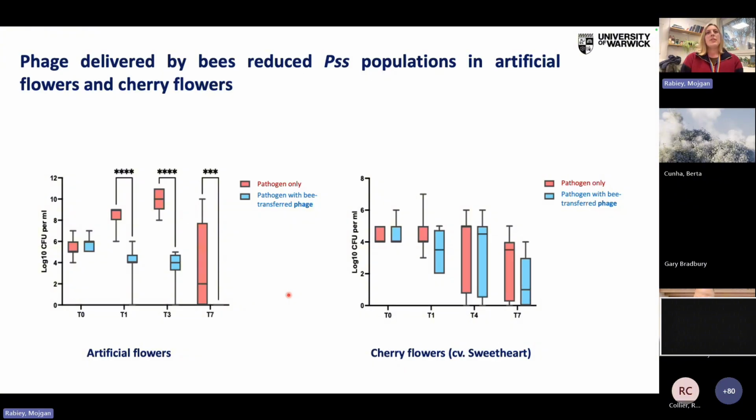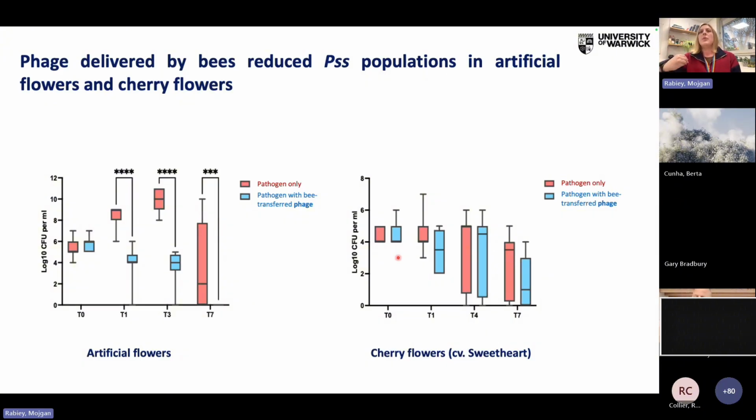But a lot of the differences, I think, are down to the experimental setup and design. The artificial flowers are an optimal environment for both the bacteria and phage. It's a high sucrose feed. And it's only 24 flowers that we sample with the artificial flowers, whereas with the cherry flowers, there's many more flowers available to the bees to visit.